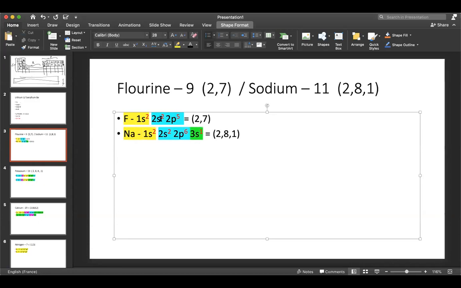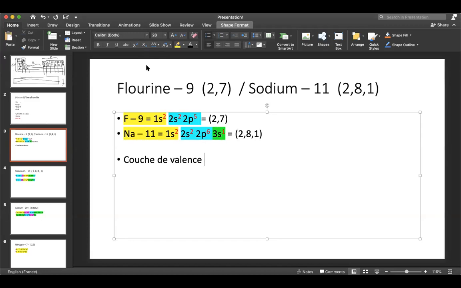What is the valency shell for fluorine? So this is fluorine 9, and sodium 11. So what is the valency shell? Couche de valence, it's the same thing. That is for fluorine.